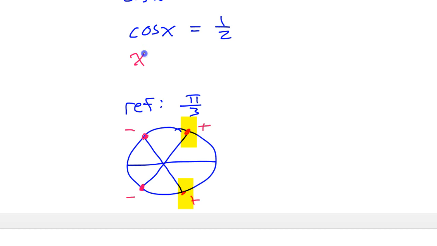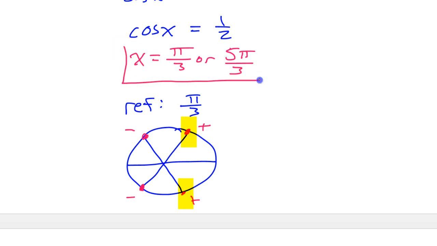So one of them, the first angle, is in fact pi over 3. But the other one is, let's see, 3, 4, 5 pi over 3. So these are the two solutions.